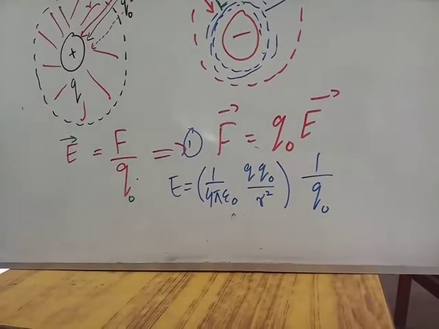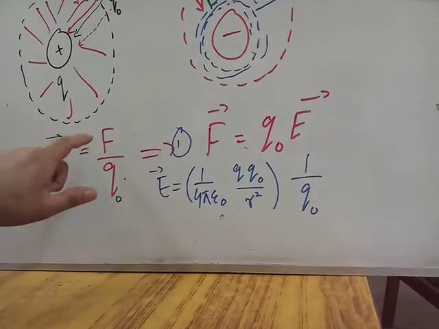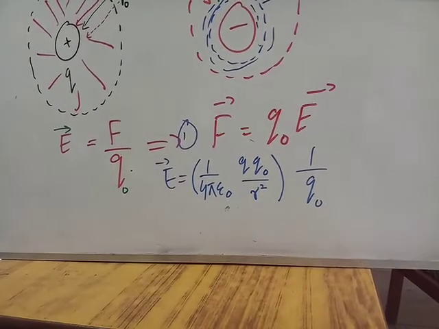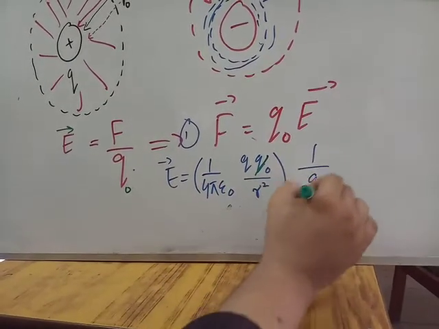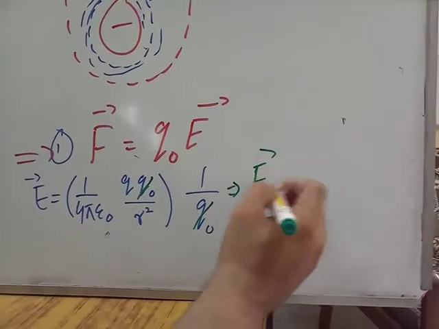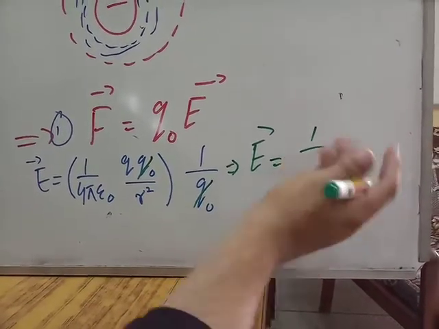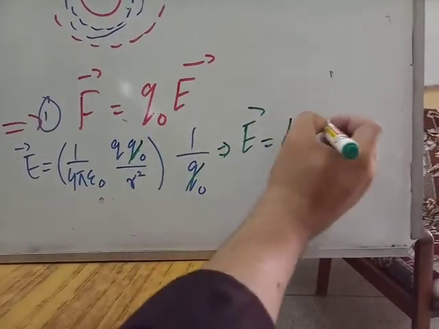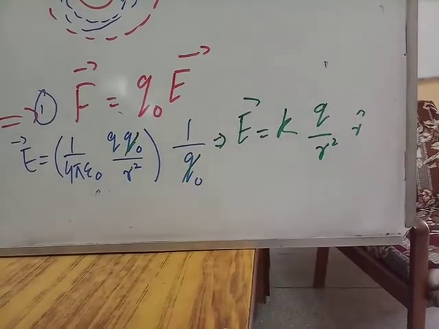So we can write electric intensity in terms of Coulomb's law: we place the value of force and divide by Q naught. Q naught cancels with Q naught, so we are left with E is equal to K Q over R square in the direction of R.